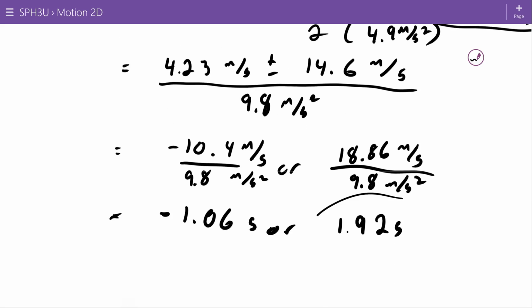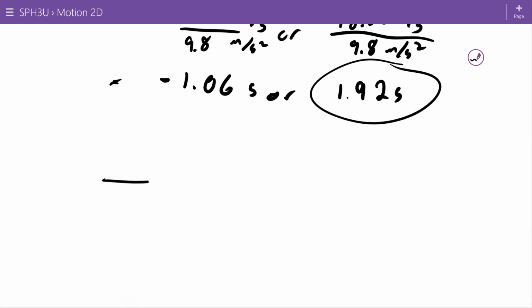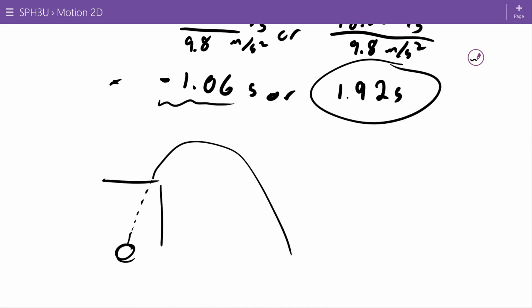So this is the root we're interested in. Just for whatever it's worth, if we imagine this rock coming off the cliff and landing, remember our numerical model doesn't know that we shouldn't go back in time, and so it creates a false root down here. That's why this false root is created. One way or the other, it doesn't matter. 1.92 seconds is the time that we want.